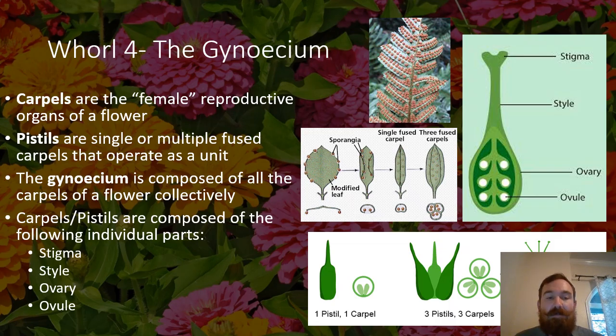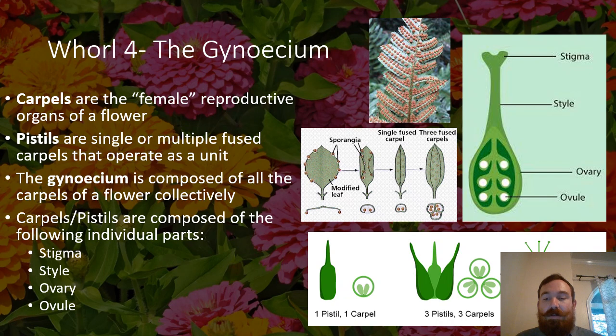If we look down at this bottom diagram, we can see that one carpel can make up a pistil. We can also have three separate carpels, which operate as their own independent pistils, or we could have three carpels that have all fused together, and we would refer to them as one pistil. We could even have these structures here at the top, these styles, fused together in many plants.